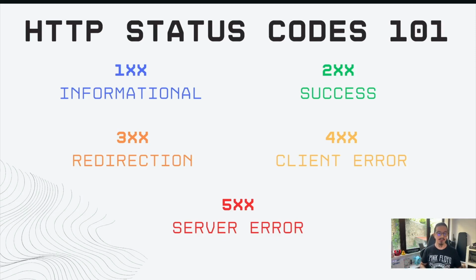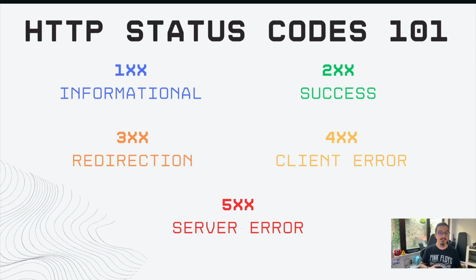Then we have the 300 status codes, and they are used for redirection. And what does redirection mean? For example, you can have a resource or an endpoint that the client asks for, I don't know, like an image, for example, or a page for your web application, but you moved that to another place, meaning that that URL, that endpoint, that route was changed.